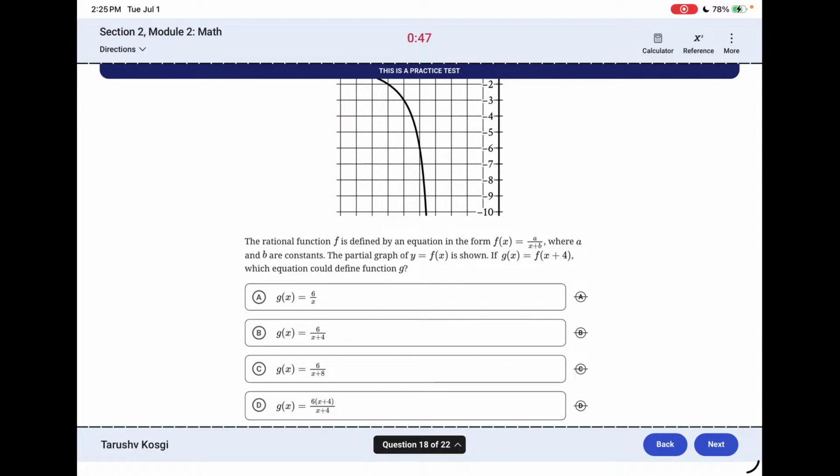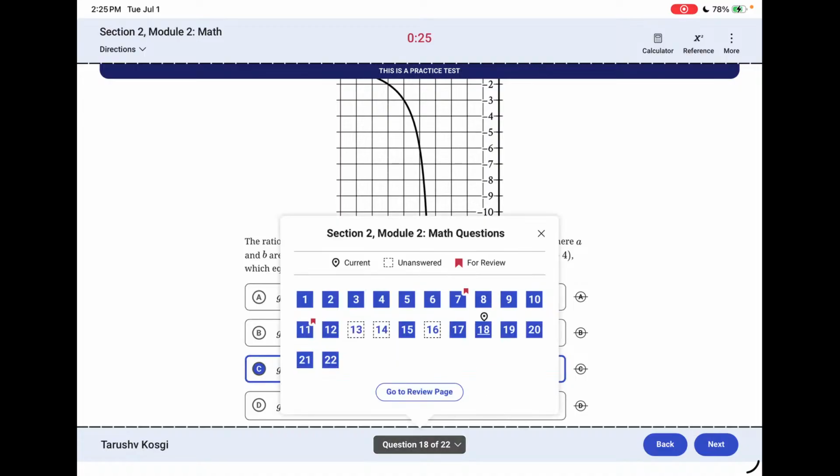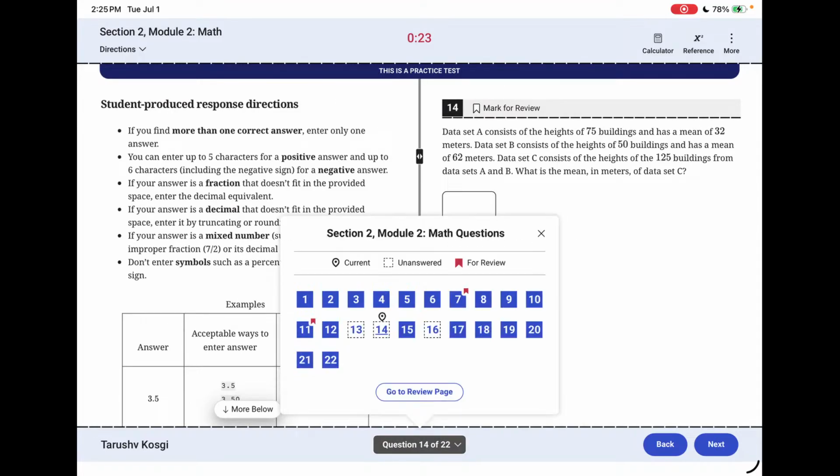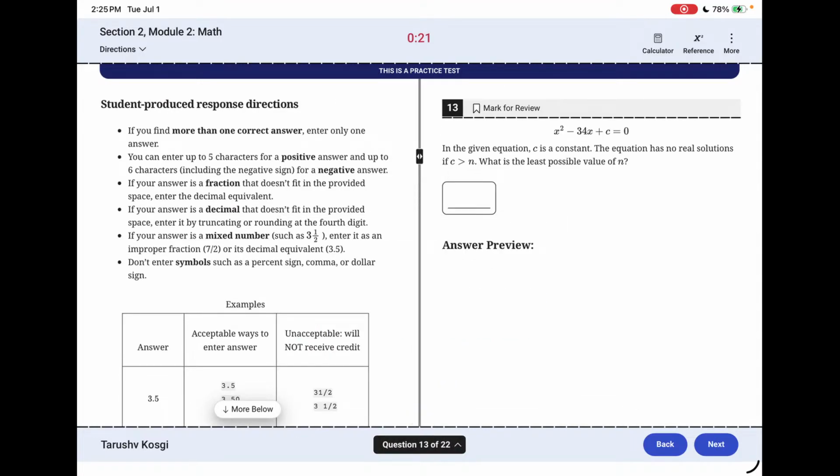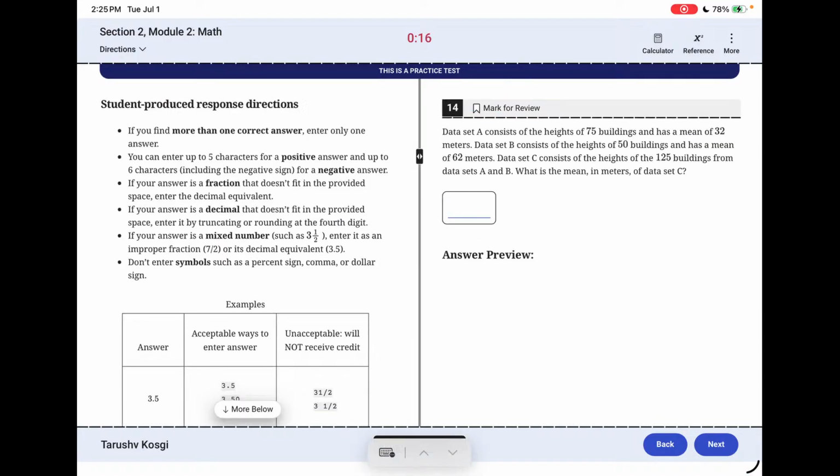If g of x equals, okay. Oh, wait, this was an easy one.